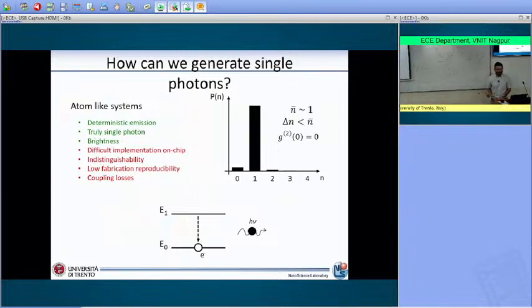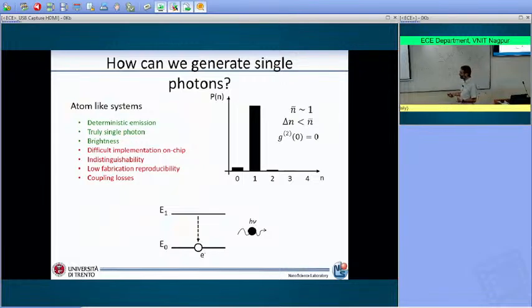And so the system has very good properties in terms of deterministic emission. We know when the photon is coming out because we pump, we excite the electron, and after the excitation we have the recombination, we get 1 photon. Very good. Since only 1 electron recombines, we have only 1 photon emitted. And so this is a truly single photon state.